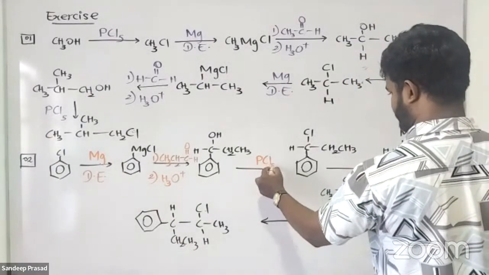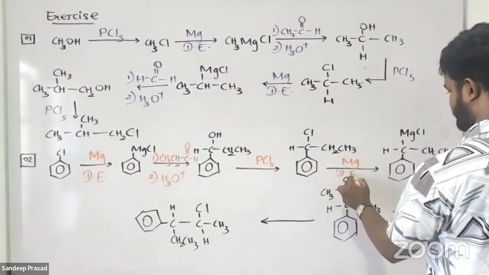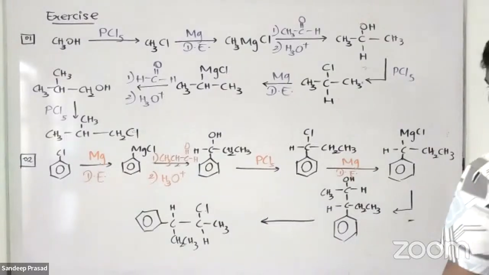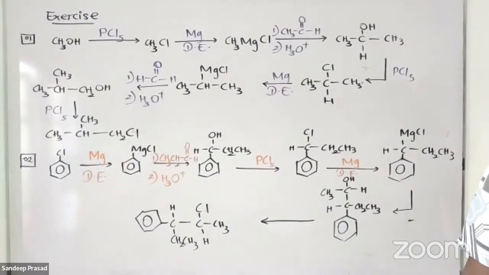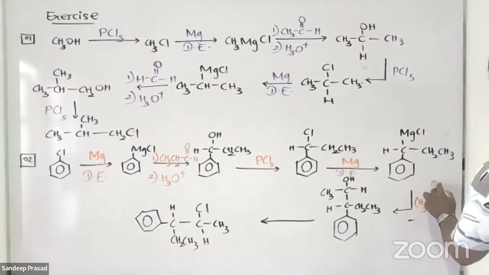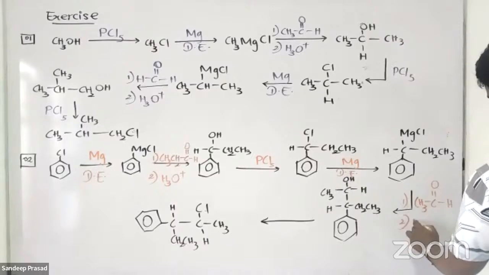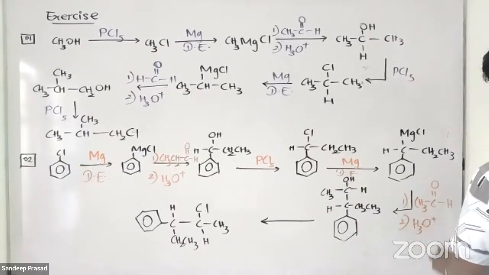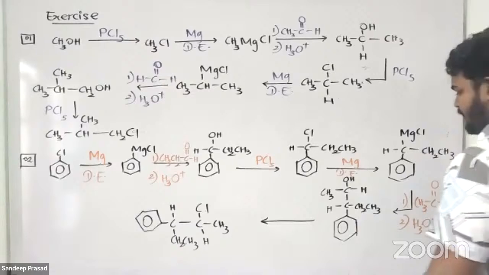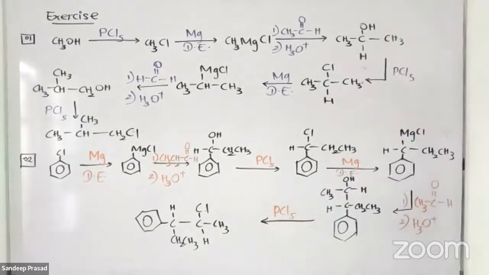Then PCl5, magnesium and dry ether, and CH3, C double bond O, H first of all, and secondly H3O+. This 1, 2 is very important. You have to mention it properly. And PCl5 is added in order to convert OH into Cl. So this is the second simple conversion. Quickly finish it.